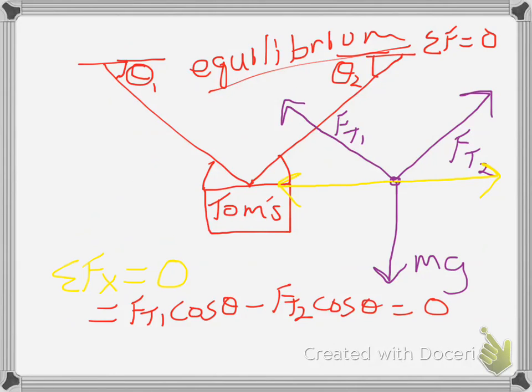We could say the same thing, that the sum of forces along the y would equal 0, and I'm just going to point those out to you in a nice brown. Brown should show up pretty good.